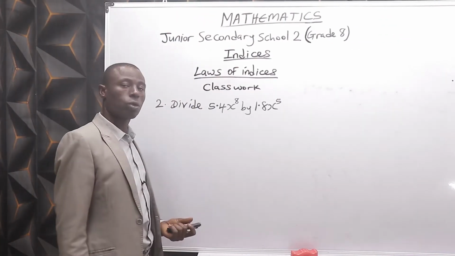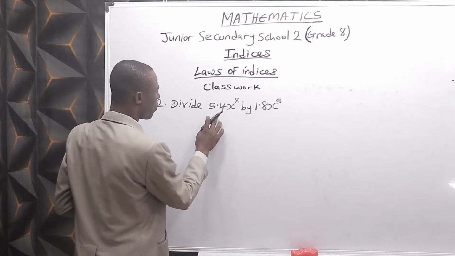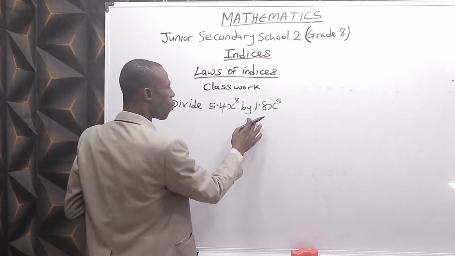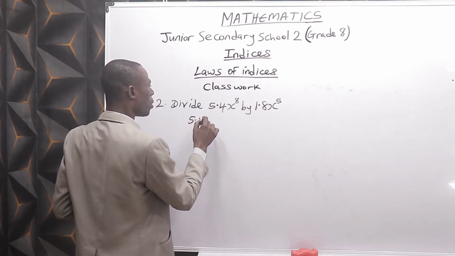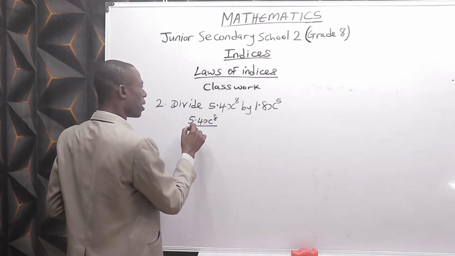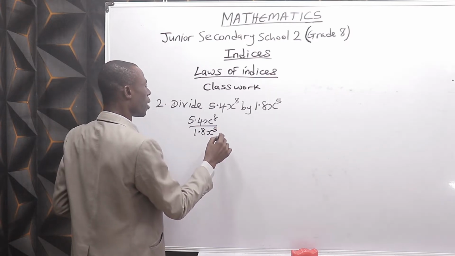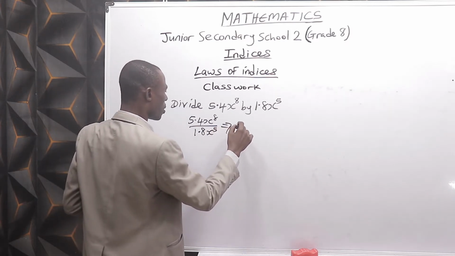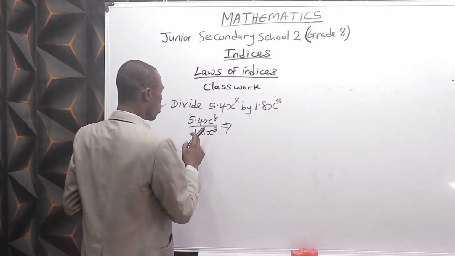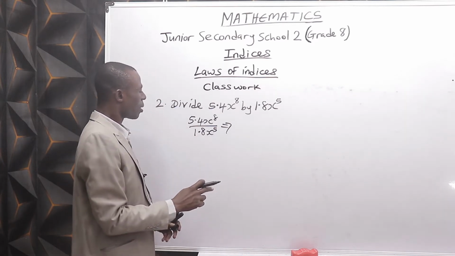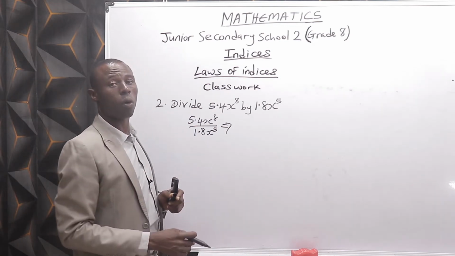Let's consider question 2 and of course the last question of the classwork, which is divide 5.4x raised to power 8 by 1.8x raised to power 5. That means 5.4x raised to power 8 divided by 1.8x raised to power 5, which actually means, see 5.4 and 1.8. 1.8 in 3 places is 5.4.